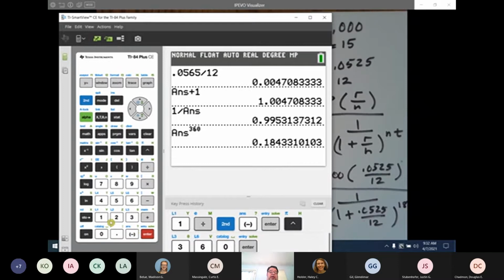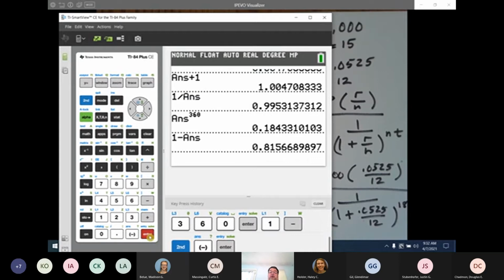And I'm going to subtract that from 1. I got 0.8155 whatever. I'm going to stow alpha denominator, D.